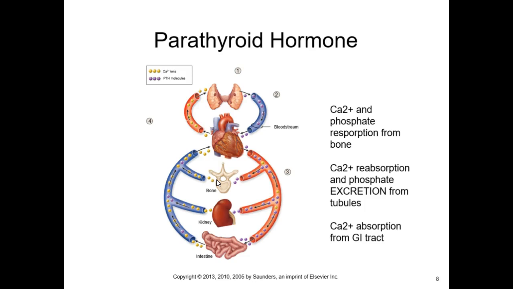We will reabsorb more calcium from the kidneys, so we'll pee out less calcium. PTH also causes reabsorption of calcium from the tubules of the kidneys, thereby, again, elevating blood calcium. And in the intestines, it causes increased absorption of calcium across the intestinal tract.